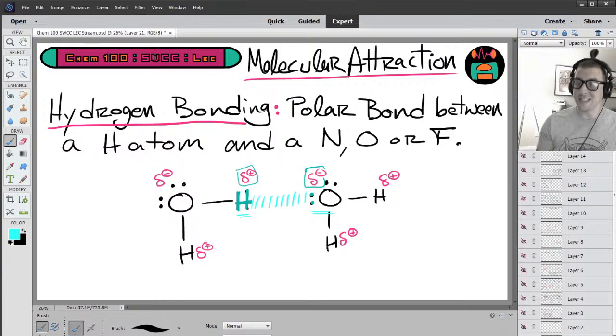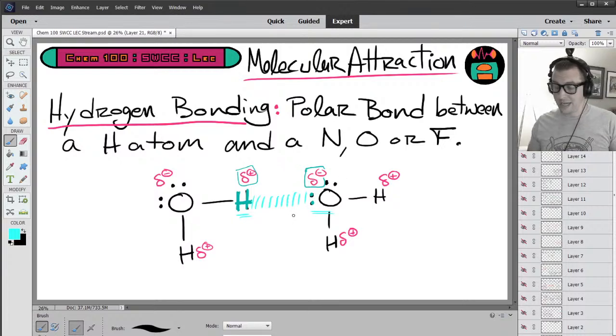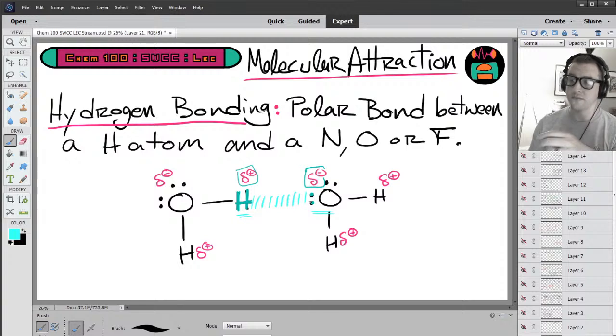And so it lets this other oxygen kind of do significant other things for it. Hydrogen likes when oxygen acts like its significant other, but it's not actually going to leave its first oxygen and commit to a relationship with the new one. So essentially, the way to think about hydrogen bonding is that it's just teasing. It's molecular teasing, but it's a very strong attraction. It's a very strong, powerful attractive force, just like it is between humans.